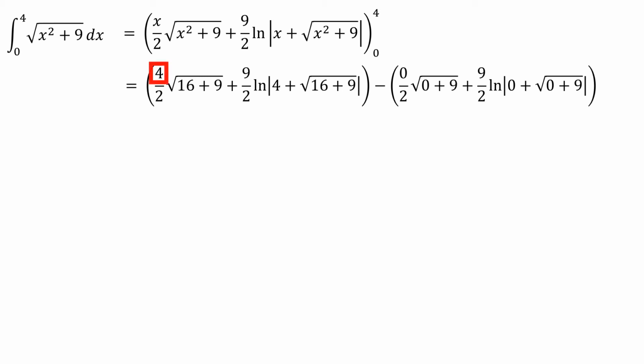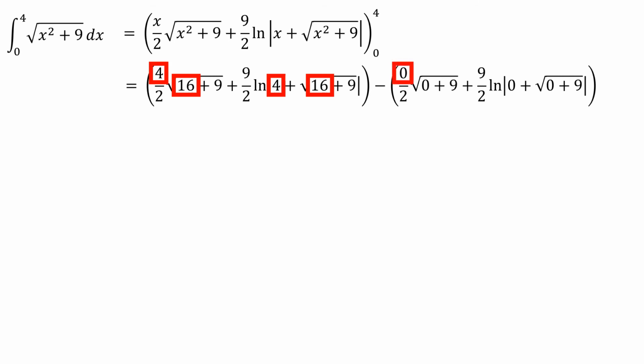Right, so when I saw an x, I had to plug in a 4. When I saw an x squared, well, 4 times 4 is 16. Then there's another place with an x, so I had to place a 4. Another place with an x squared, and 4 times 4 is 16. Then I had to substitute in the 0.